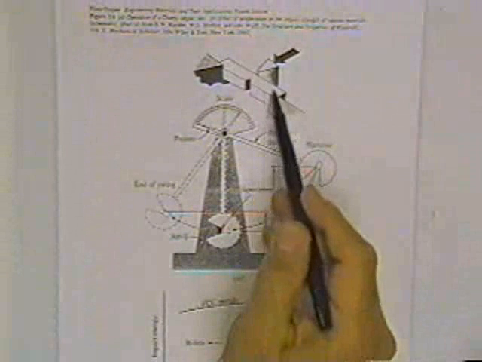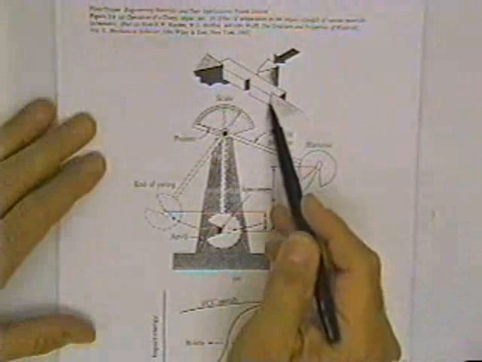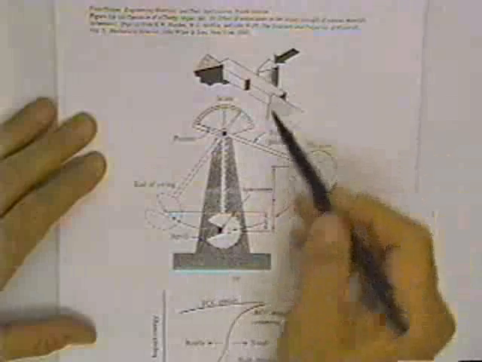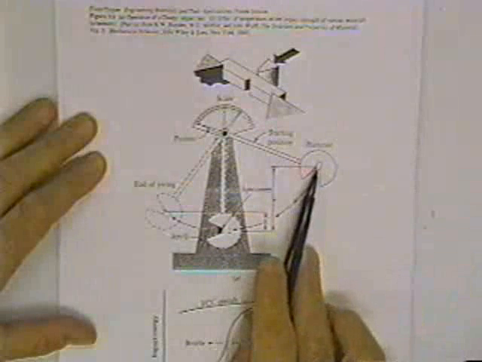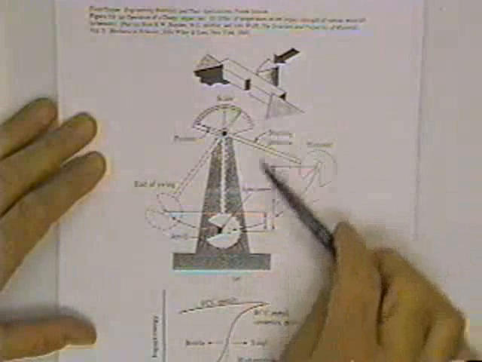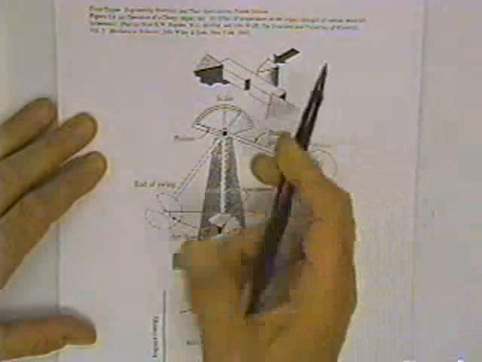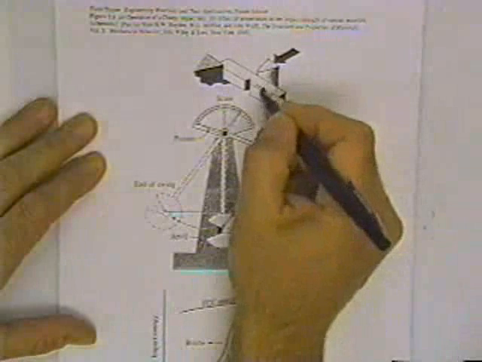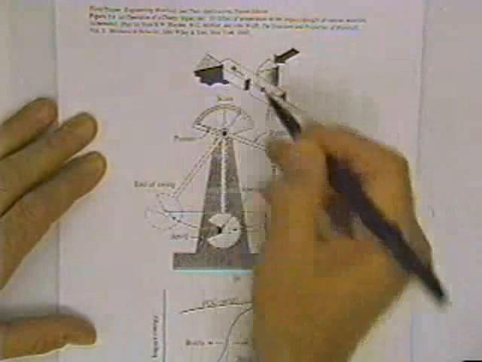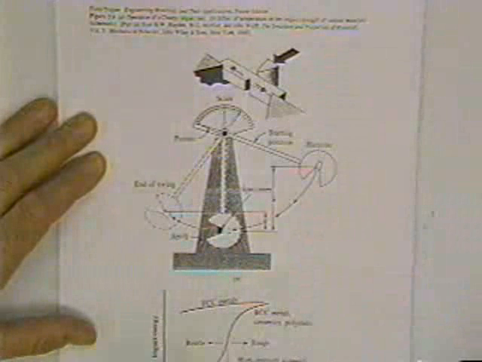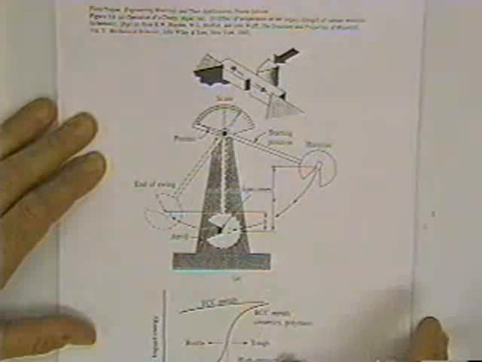There's a specimen, a centimeter on edge. There's a notch. You load a hammer or a pendulum to a certain position. You drop it through the material. It strikes opposite the notch, putting the maximum tensile force here. The energy absorbed is a measure of the material's toughness.